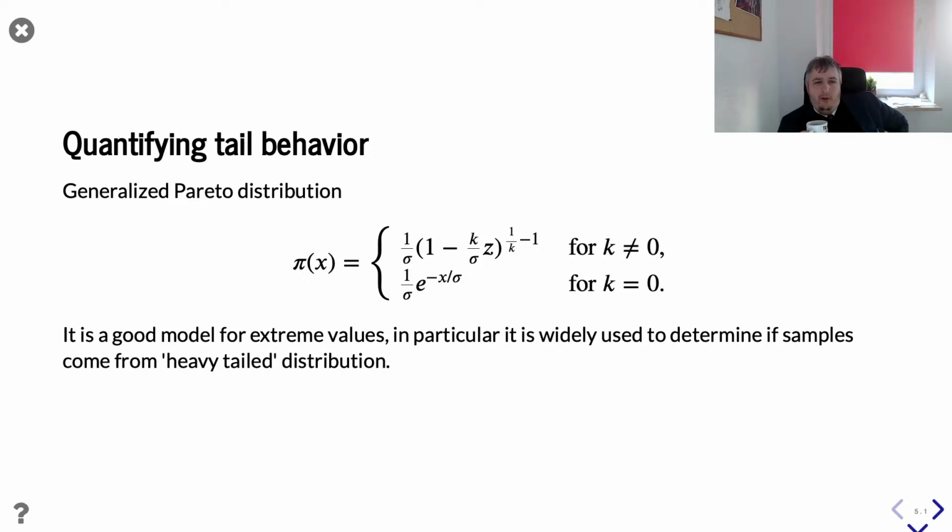One way of doing it is using a special distribution called Pareto distribution, which is a very traditional, typical heavy tail distribution, which has a so-called power law.